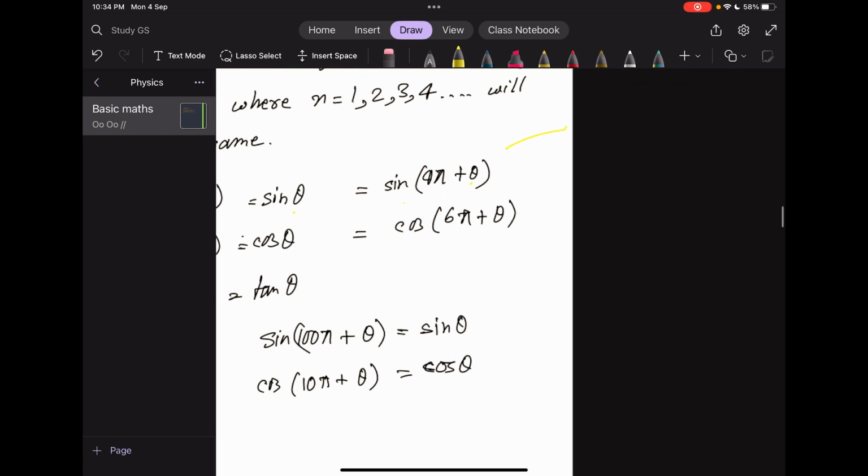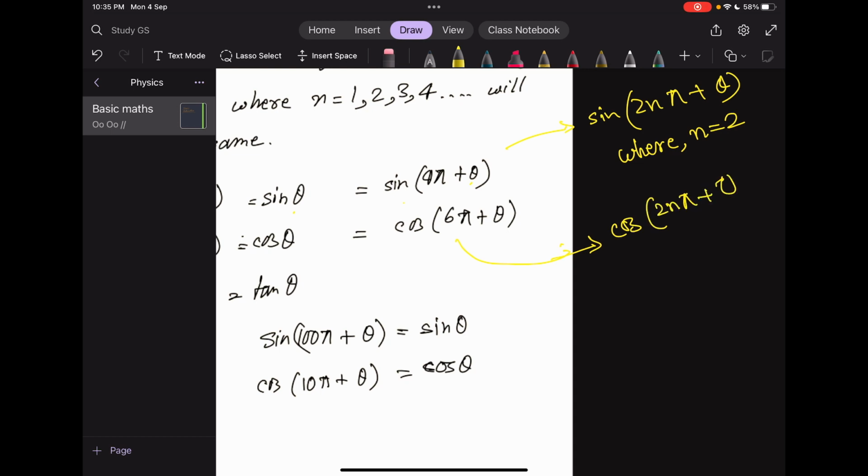Now 4 pi means sine of 2n pi plus theta where n equals 2. Cos 6 pi means cos of 2n pi plus theta where n equals 3.